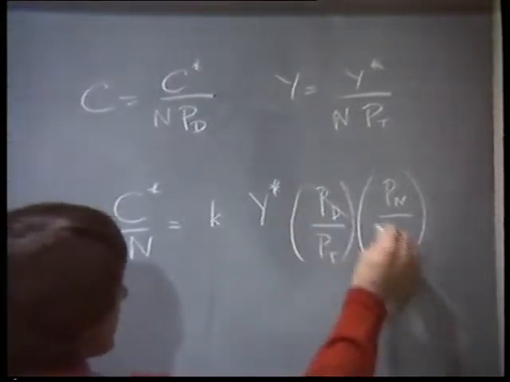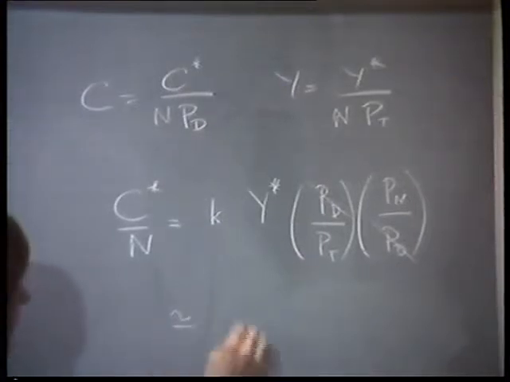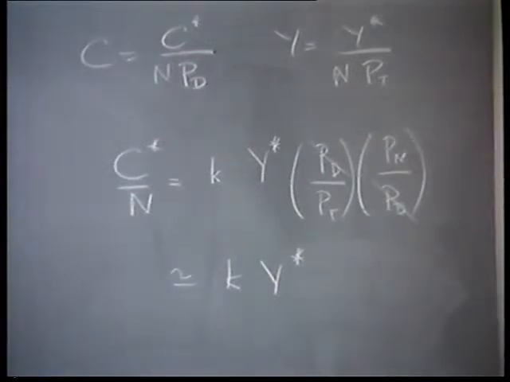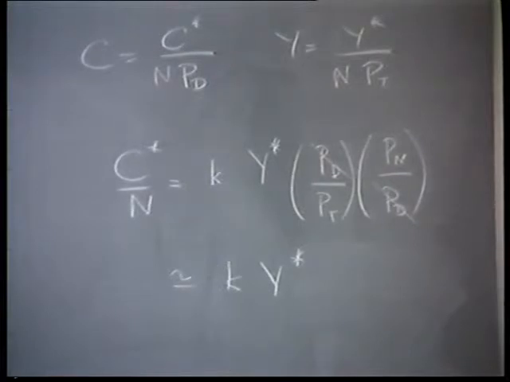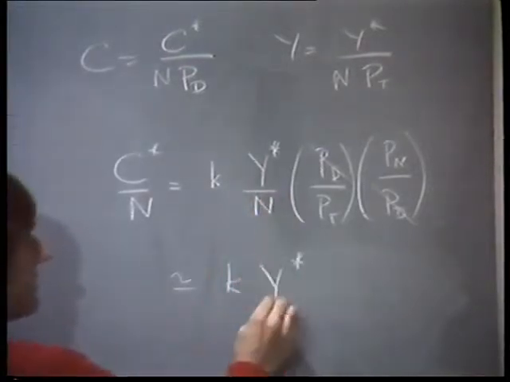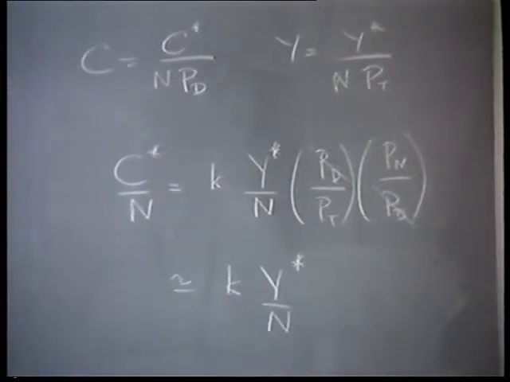And certainly the price indices for the durables would cancel, and we can say that approximately we have that nominal consumer expenditure on durable goods per capita is proportional to the nominal GDP per capita.